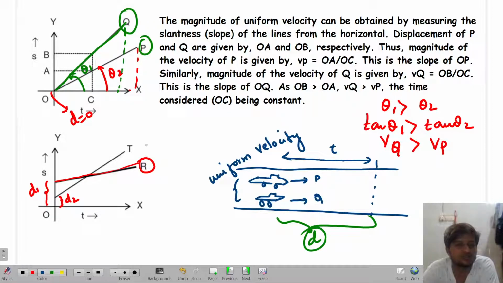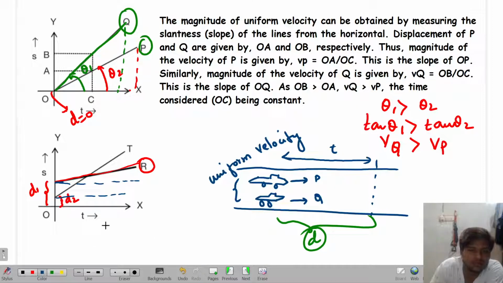Now, if someone asks you which car is moving faster, how to tell that? Again, first you have to construct one right angle triangle. How to construct, sir? Simple, easy. First, I'll draw a line parallel to the time axis for both of the cars. After that I'll construct one right angle triangle over here.